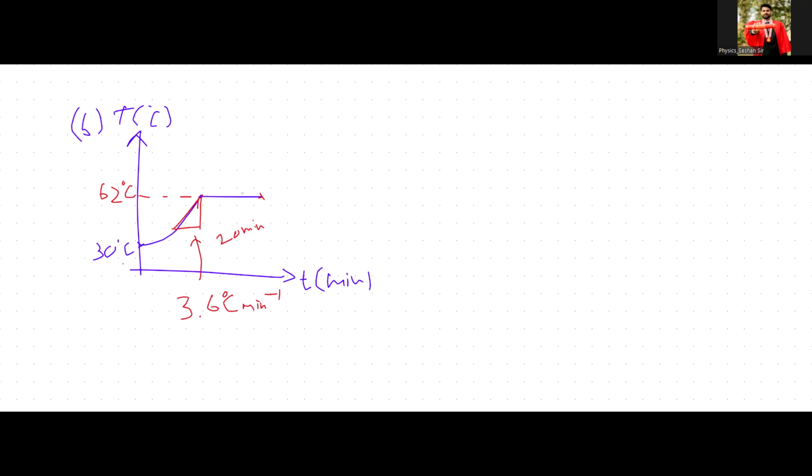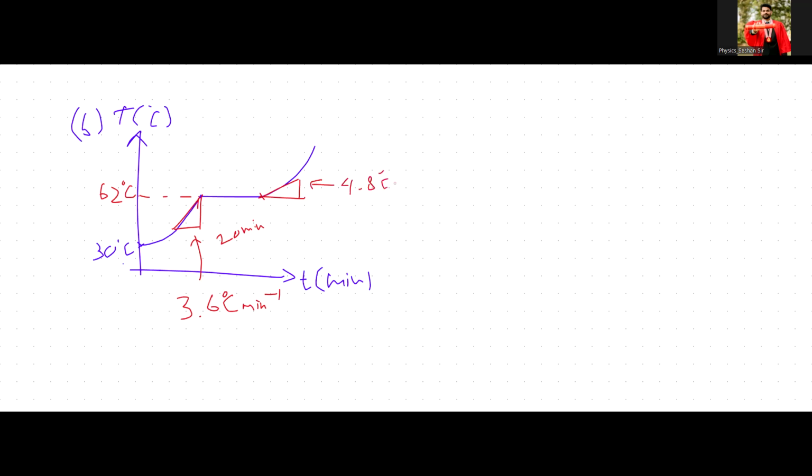That means definitely the temperature will again start increasing. Here we have another gradient, a bit higher. The value for that gradient is 4.8 Celsius per minute.